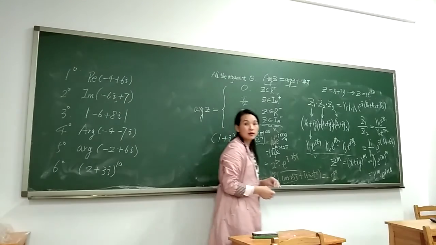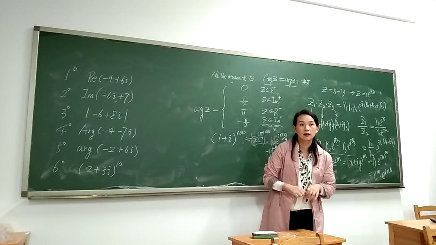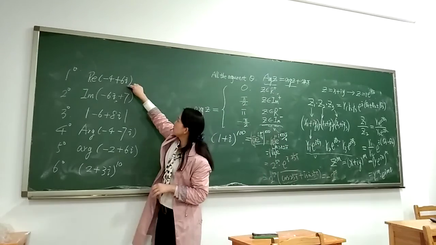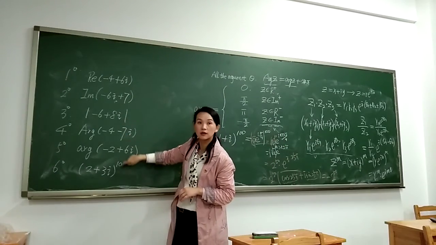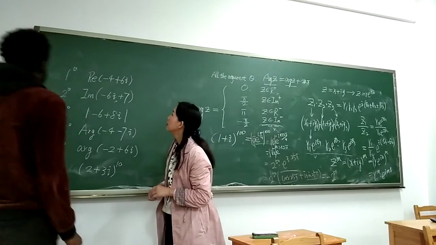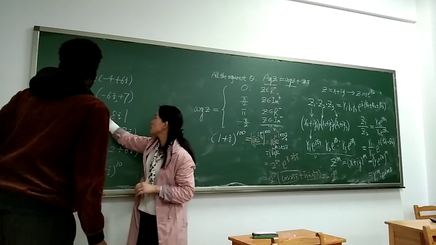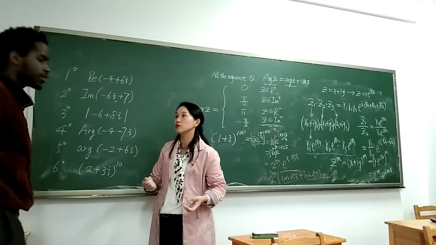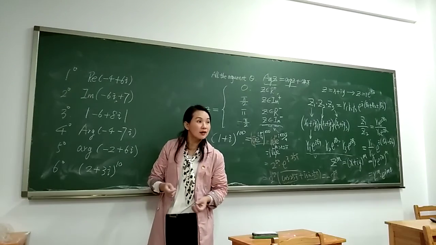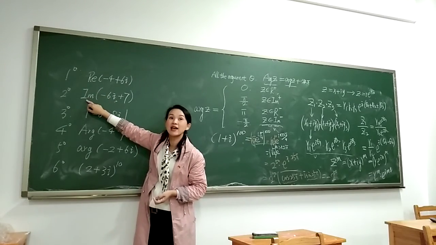Are you sure about what's the meaning of those signs Re and Im? This first one, second one. This is the real part, this is the imaginary part. I have told you. You forgot.